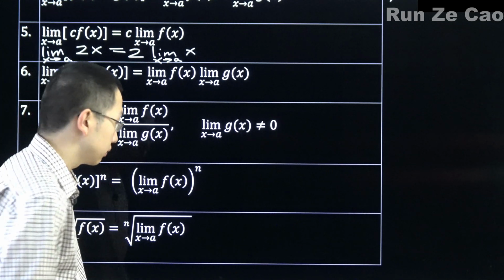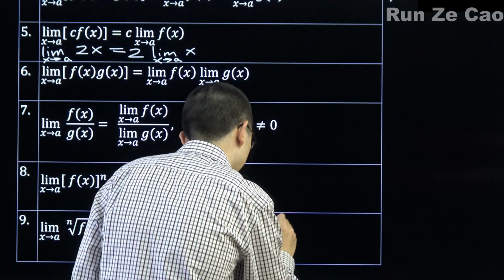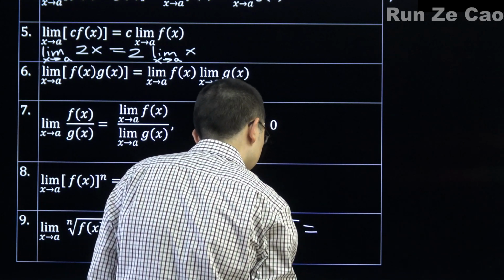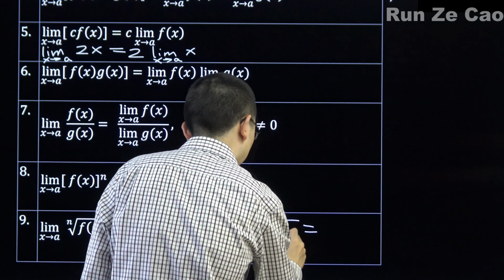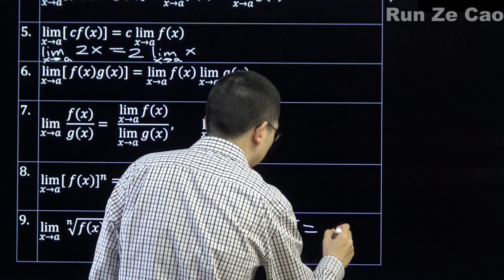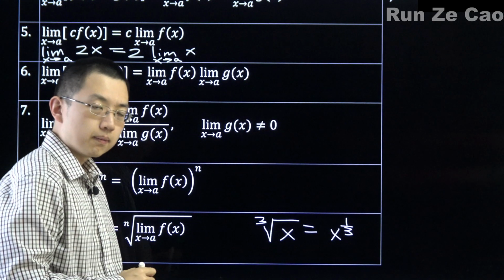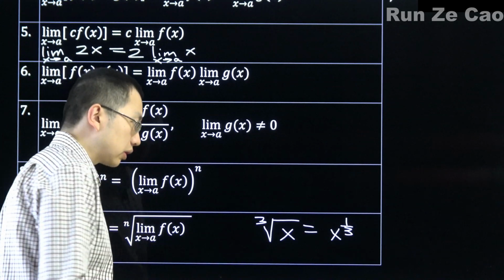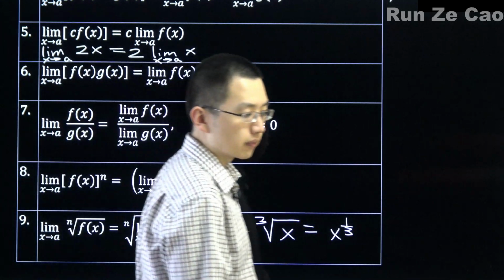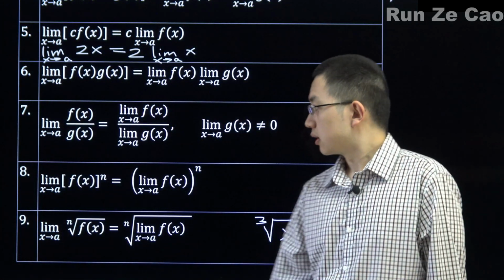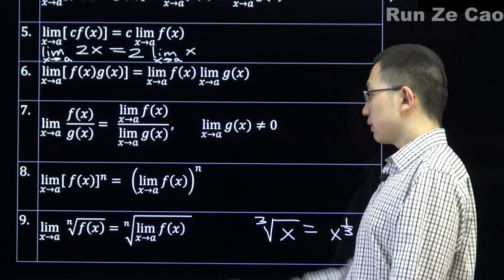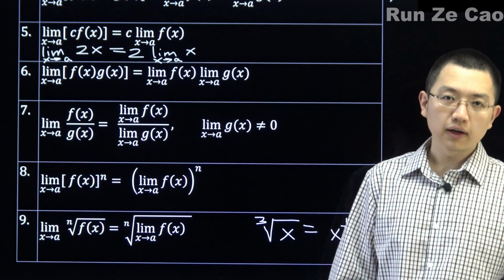The cube root of x is equal to x to the 1/3. And this applies to the nth root as well. So this and this can actually just be written as one thing if we so felt like it.